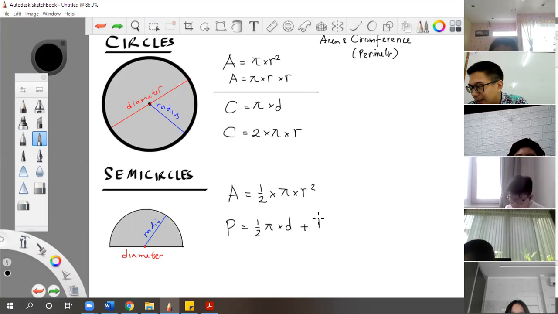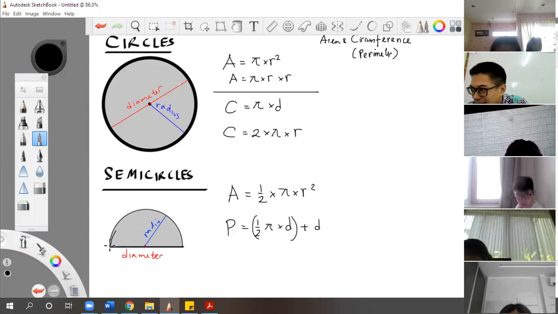Be careful, we have this diameter here. This is important: you have to consider this line, because on the circle we don't have any straight line, so you can call it the circumference. In this case we have the perimeter because we have the straight line here. So half pi d is only for this curved part. Be careful, don't just write half pi d. You must add the diameter itself.